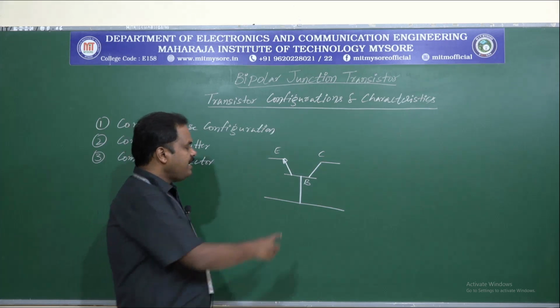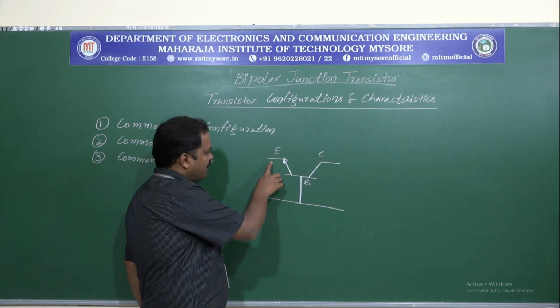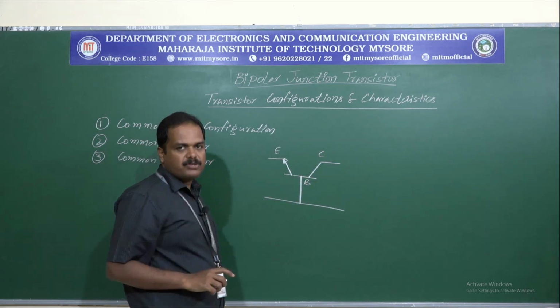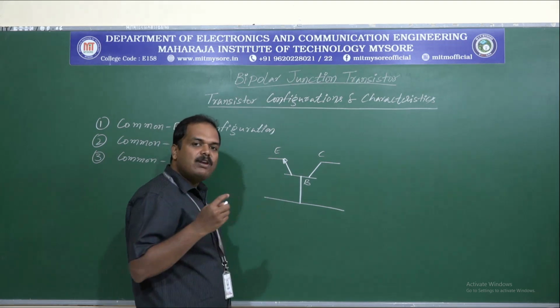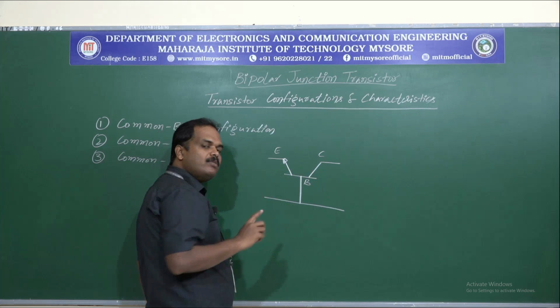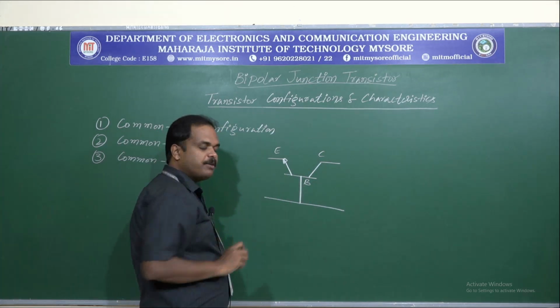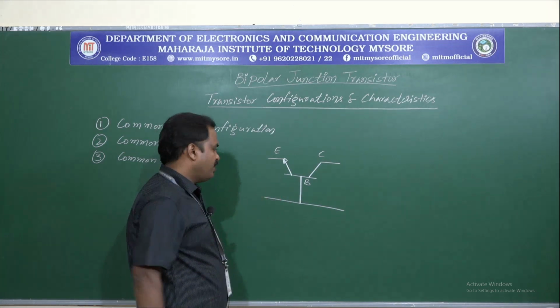As we can see here, the base terminal is common between the input circuit and the output circuit. In other words, the emitter and base terminals form the input circuit and the collector terminal forms the output circuit with respect to base. So this is common base configuration.